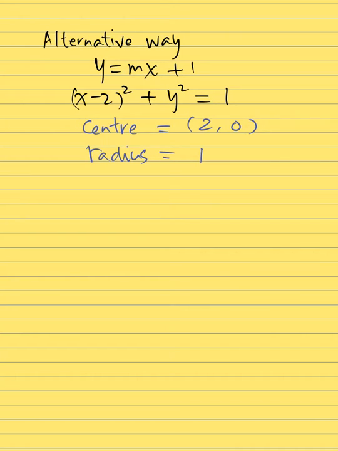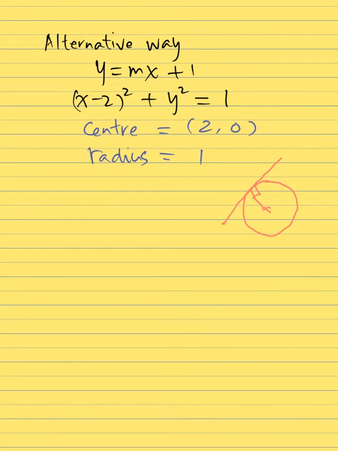To find the distance between the center and the tangent, we first write down the equation of the straight line, and you have to be careful because you have to write it in the general form mx minus y plus 1 equals 0. This is the numerator, and the denominator is the square root of m squared plus 1 squared.